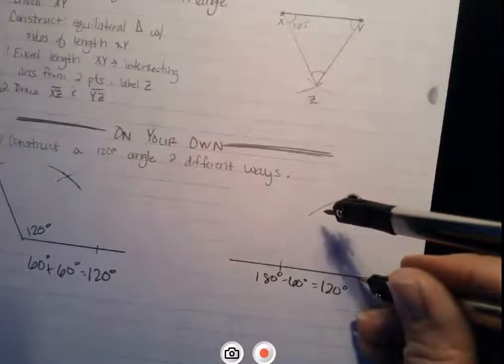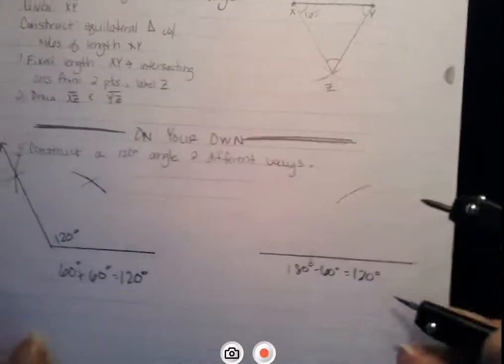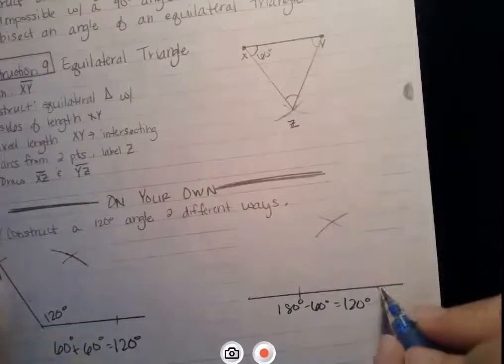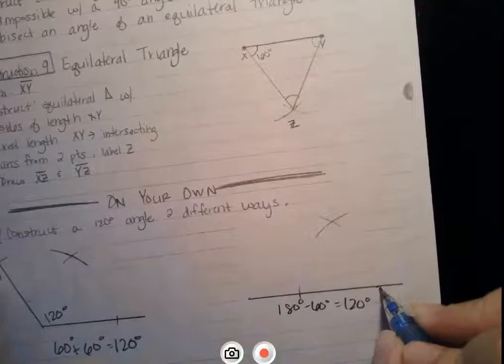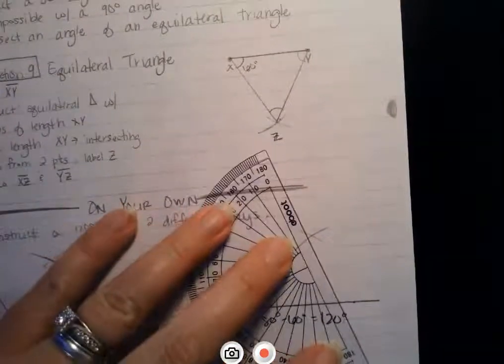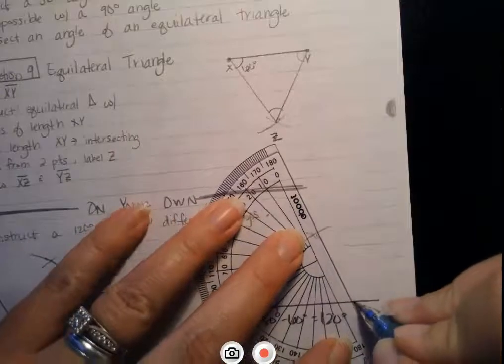Then I need to move to the other arc and intersect that one. So I have that point of intersection. You can barely see it; I should have put a mark here. I can see where my pointer poked a hole. So it's right there. So I just made a 60-degree angle.